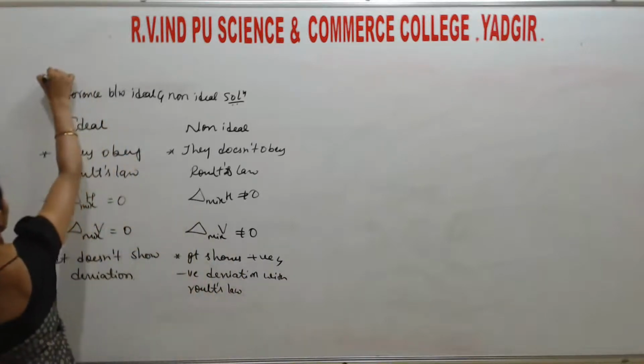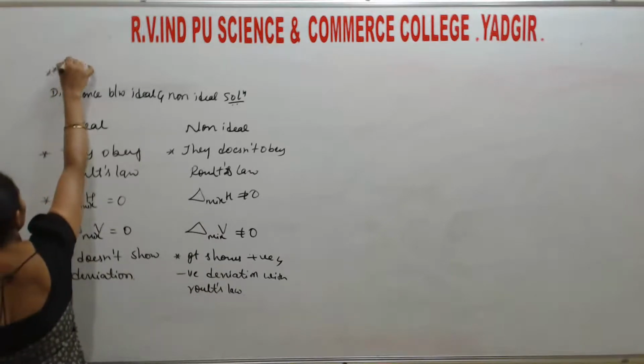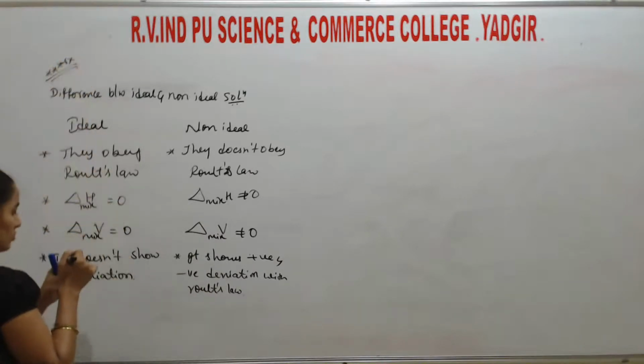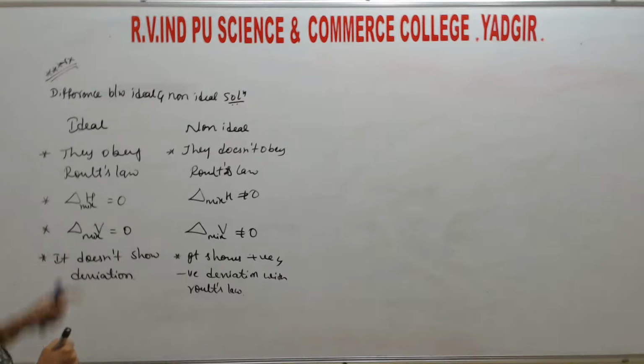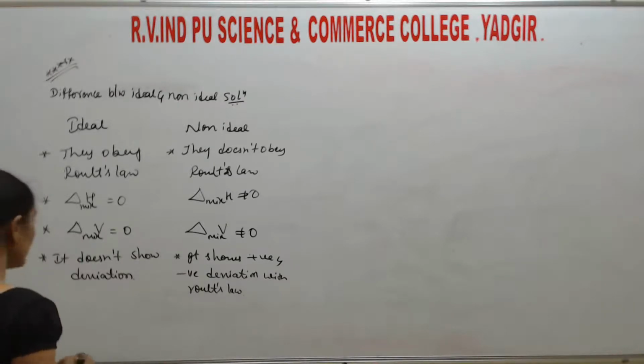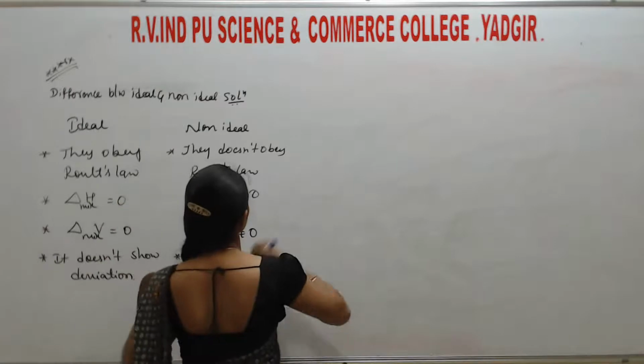What I am writing here is very important for 2 marks, students. You should note this down. This is the difference between ideal and non-ideal solution. The next one is the graph which shows Raoult's law.